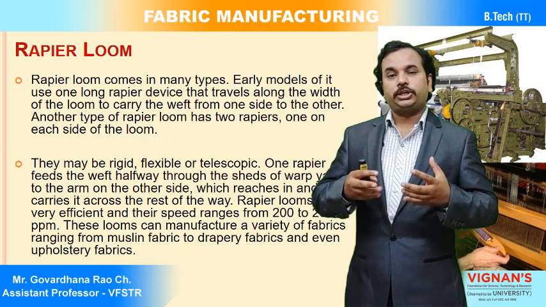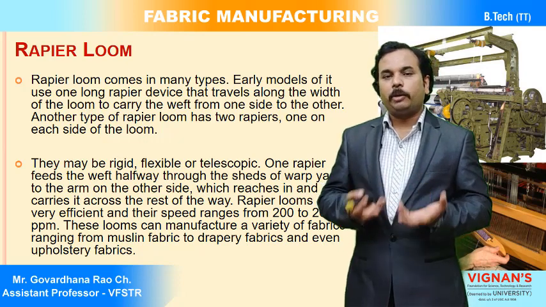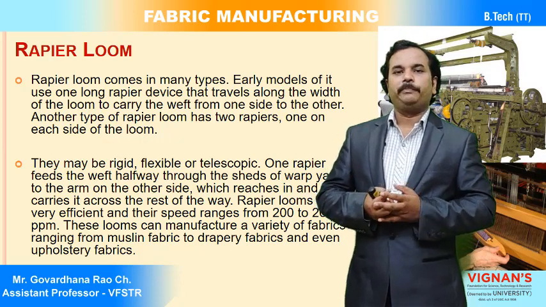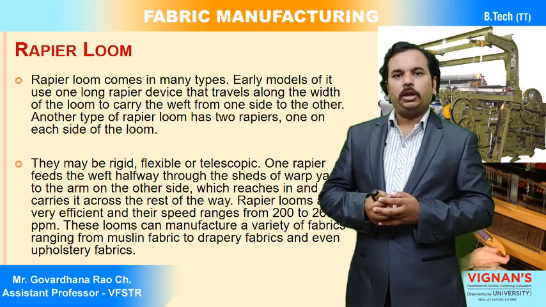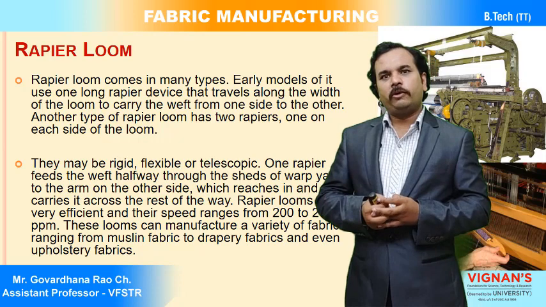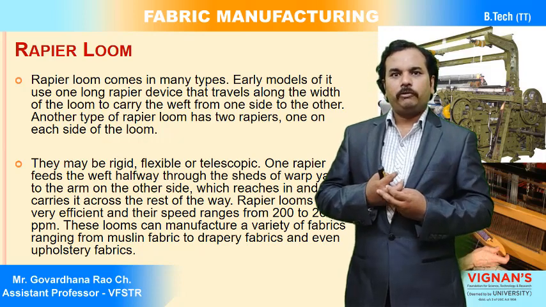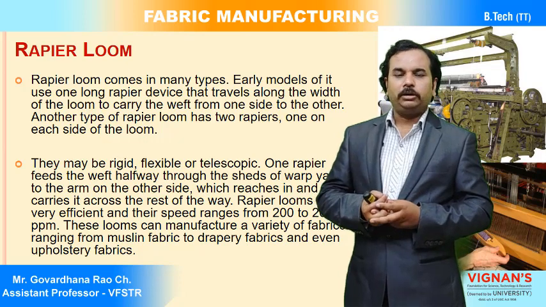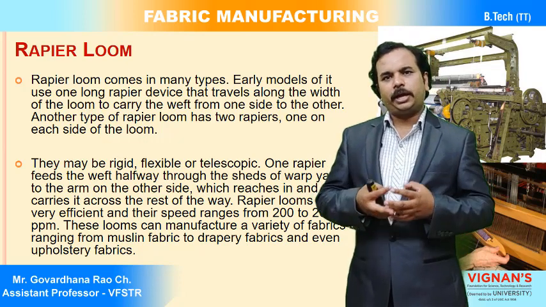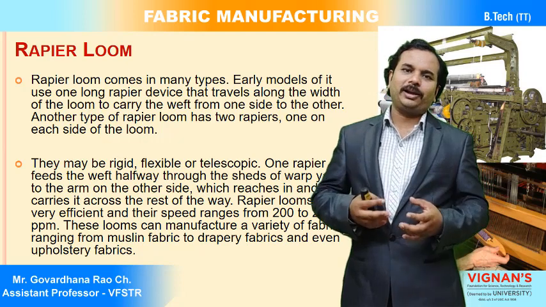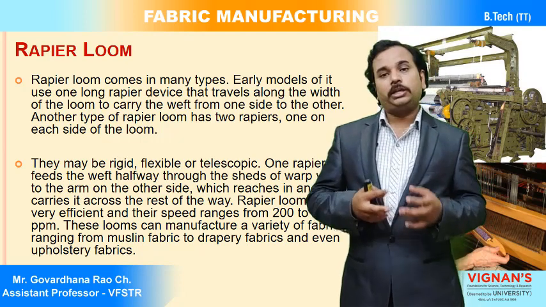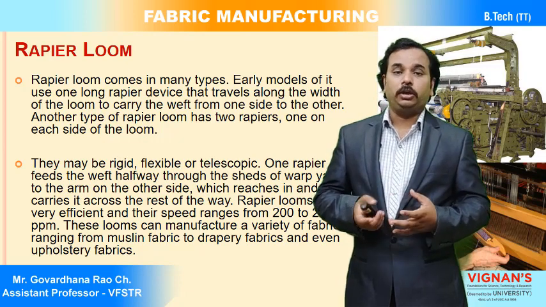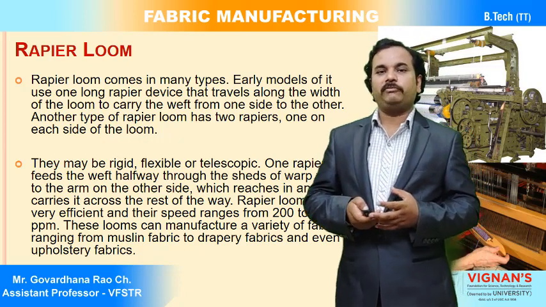Dobby sheddings or multiple dobby sheddings can be used to produce small motifs in the fabric, and you can also go for jacquard shedding by using the flexible type of rapier weft insertion system. With additional attachments you can run the machine at 400, 600 picks per minute. So this is how the rapier insertion will be done.